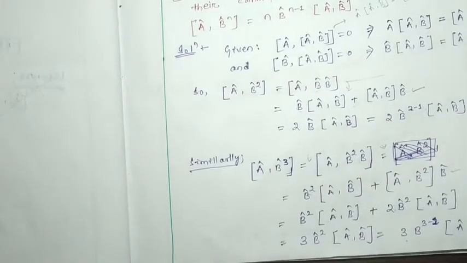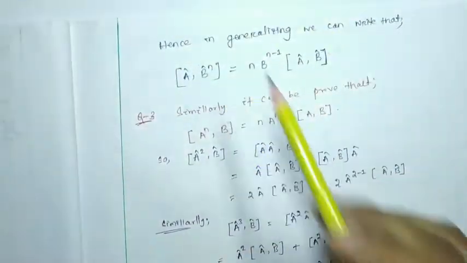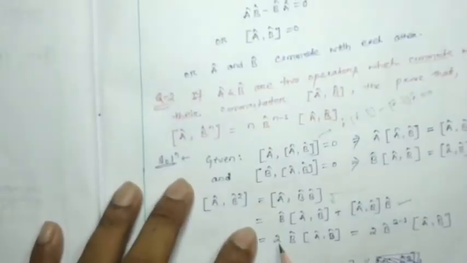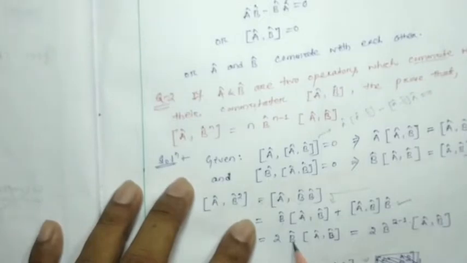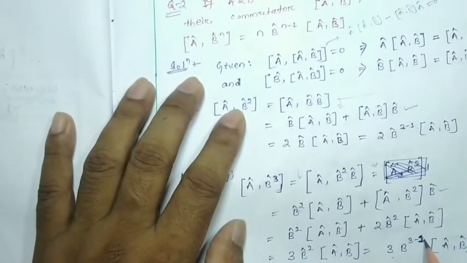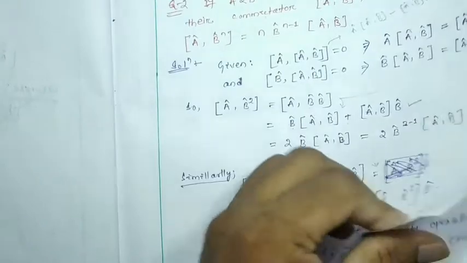Similarly, in generalized form, we can write [A cap, B cap to the power n]. Here, whenever it will be 2, it will be 2 B cap to the power 2 minus 1. For cube, 3 B cap to the power 3 minus 1. So for n, it will be n B cap to the power n minus 1.